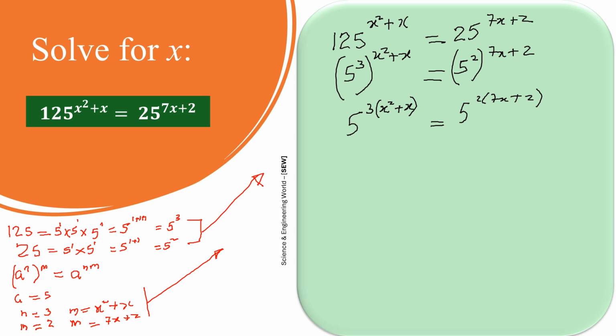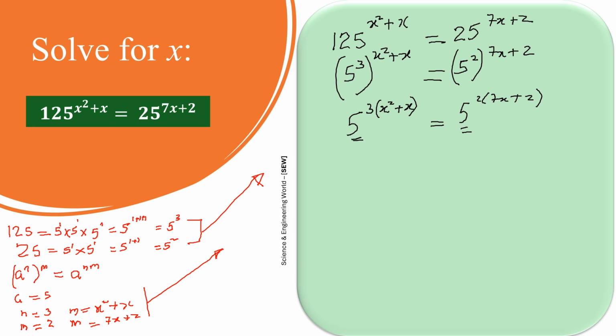Again, we know that once the base on the left equals the base on the right, that is, we have 5 here and 5 here, then their powers must be equal.